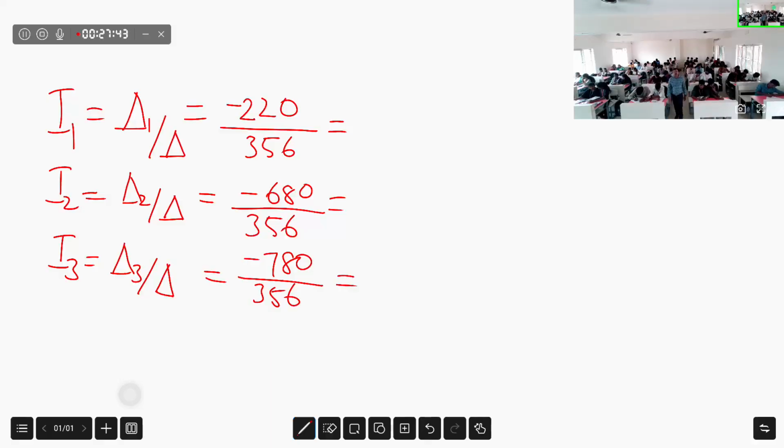Okay. The unit is amperes, so don't forget the units. I2 is minus 680 divided by 356, which is minus 1.9. Okay. I3 is minus 2.19. So this is my final answer: I1, I2, I3.